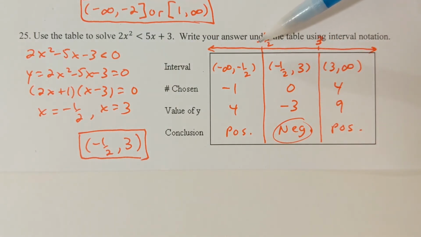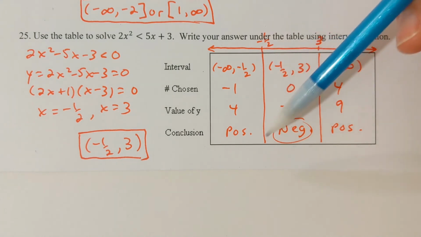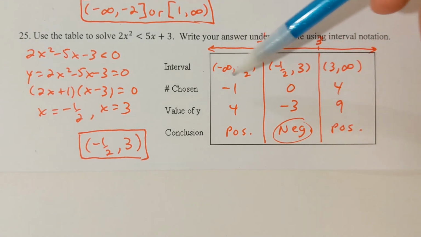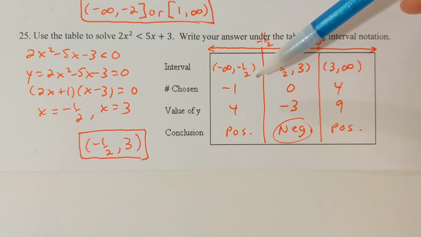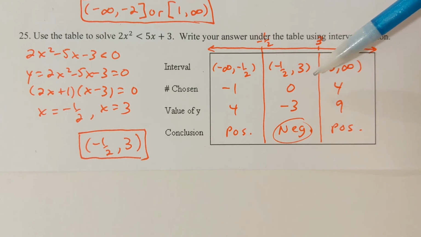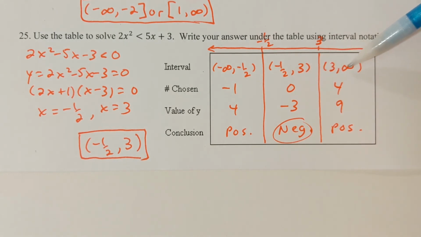I would be positioning those two critical numbers on the number line right above this table here. And that's going to split the table into three sections for me. The first group is any number that is less than -1/2. The middle group is any number that is between -1/2 and 3. And then the last group is any number that is bigger than 3.